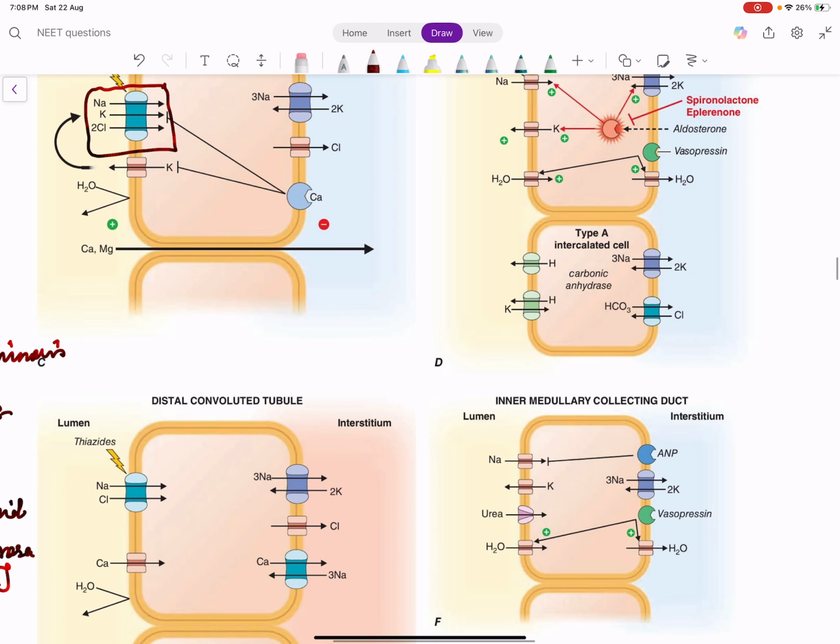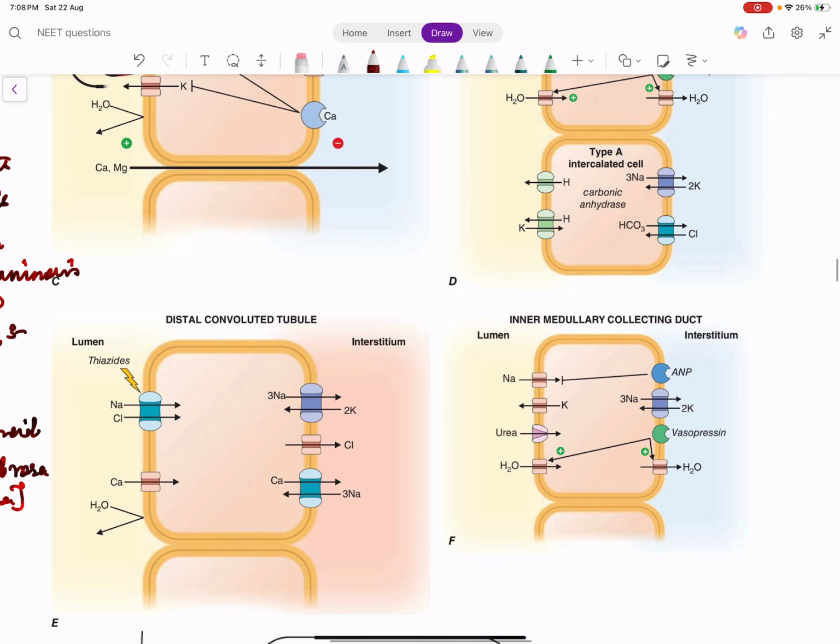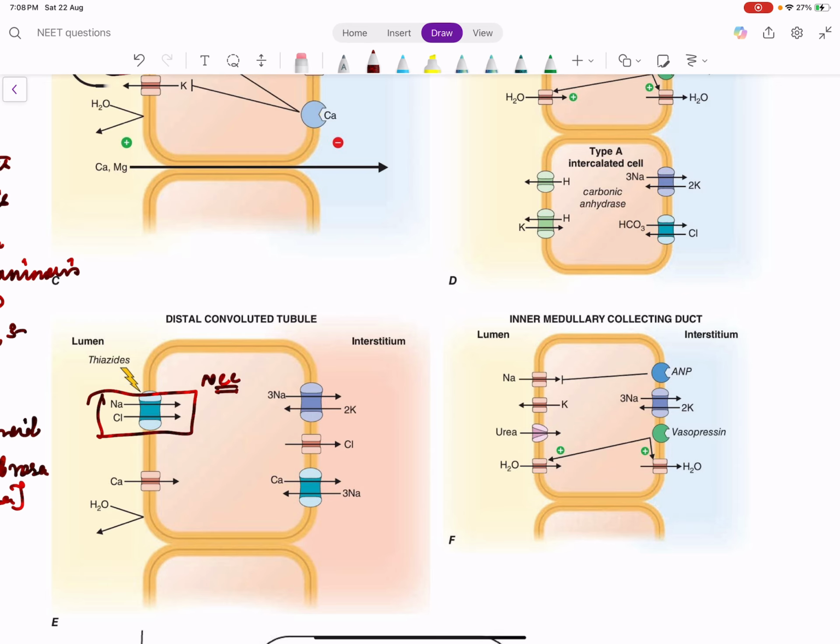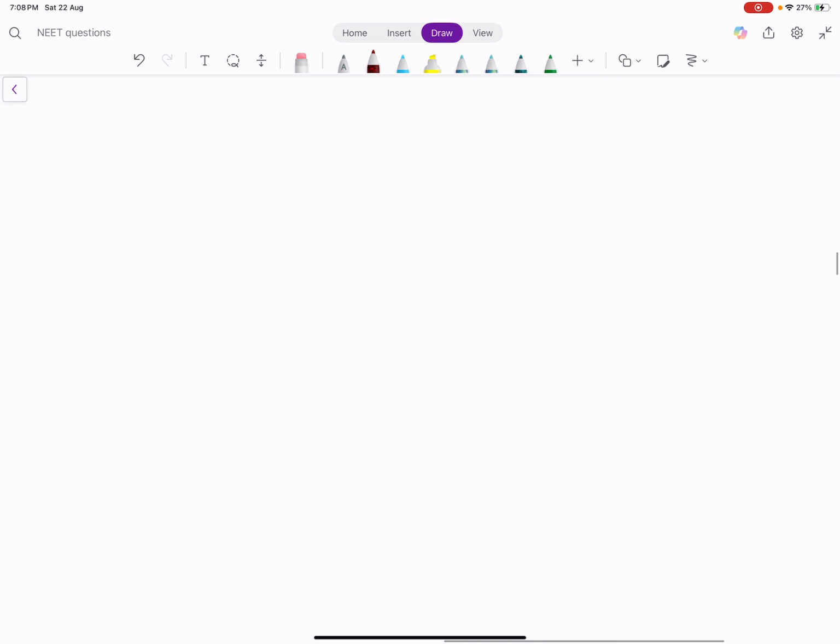In the distal convoluted tubule, we have another channel called NCC, sodium chloride cotransporter. This is important again for two reasons, because thiazide diuretics act on this channel, and this channel is affected in Gitelman syndrome. So you can put a table.